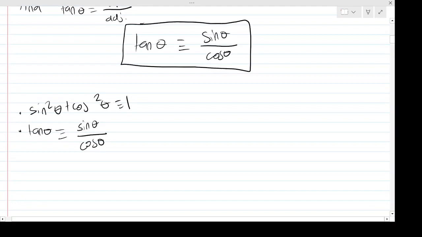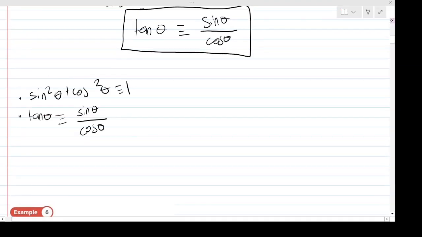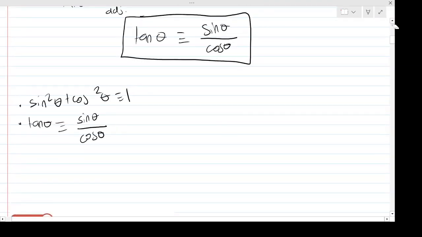Now, lastly, about identities in general. What we're going to be looking at is proof. Say for example, when we looked at proof in chapter 7, I think, say if we had x squared minus 2x minus 3, I can say this is identical to x plus 1 times x minus 3.